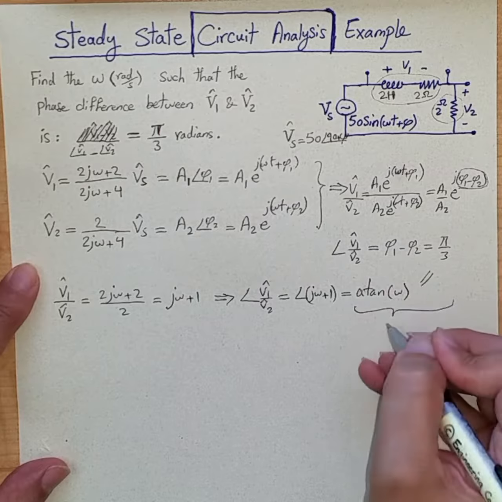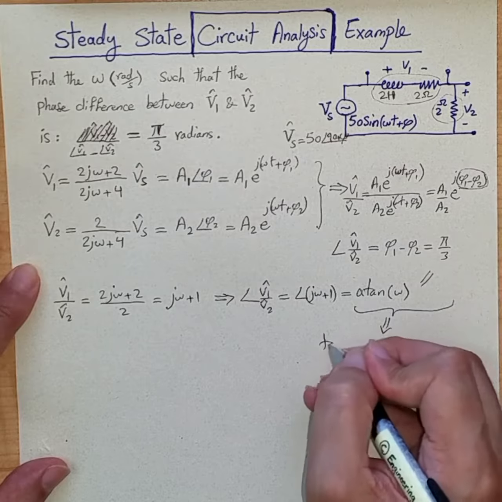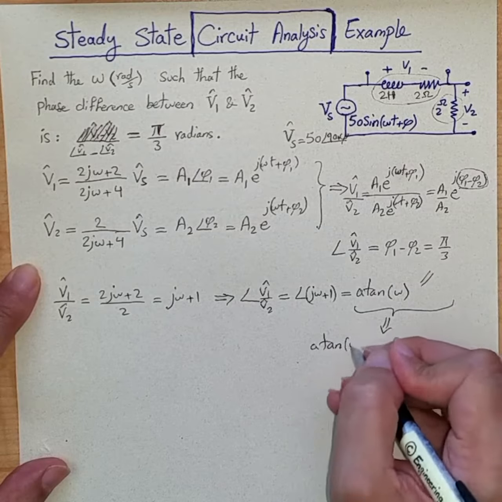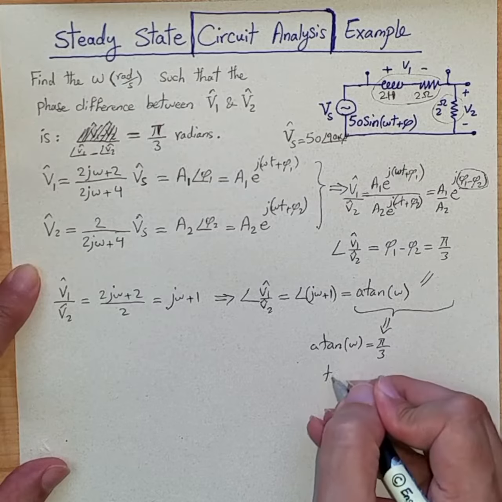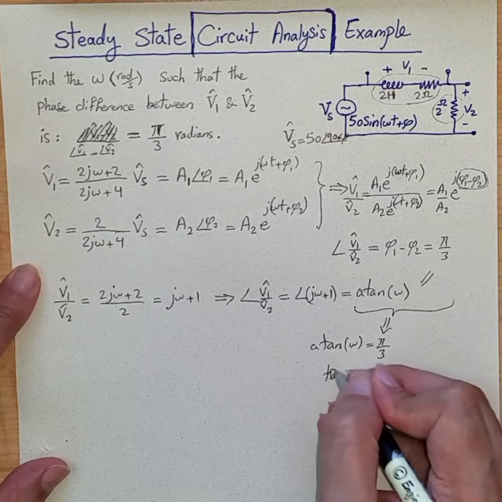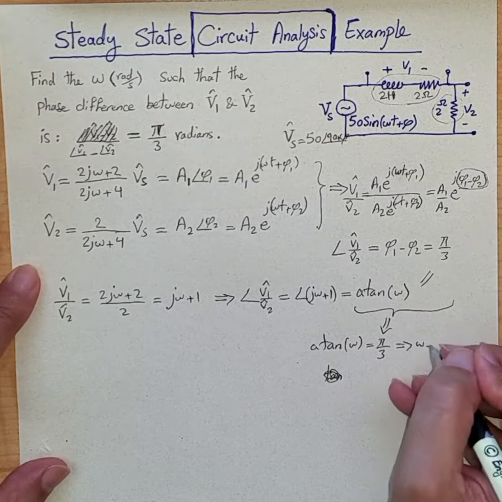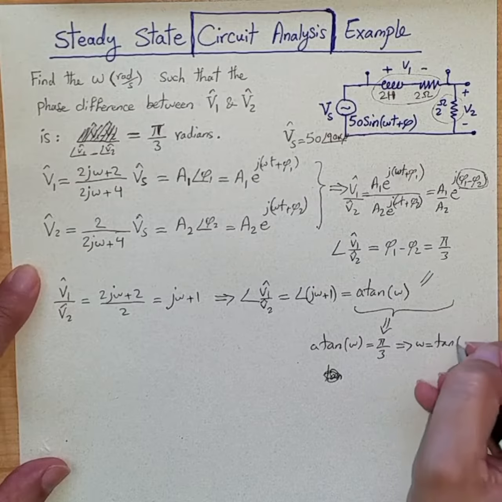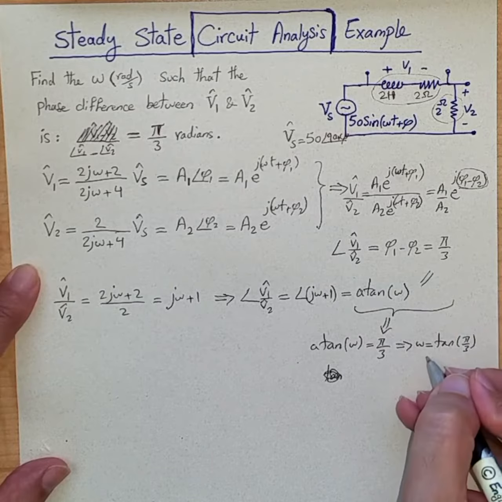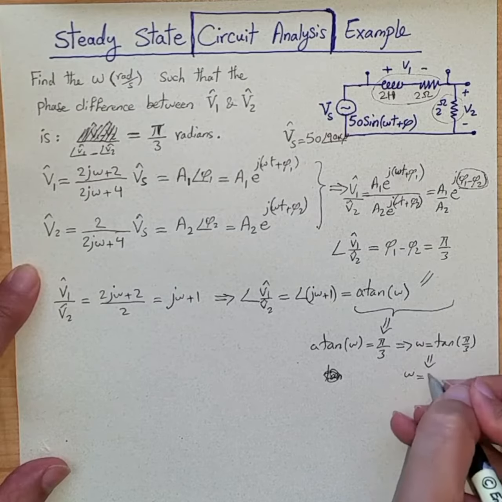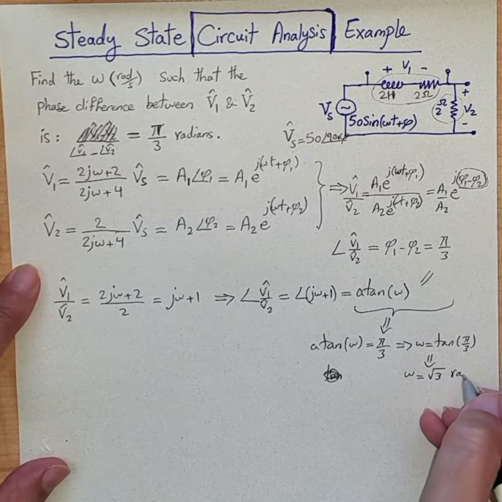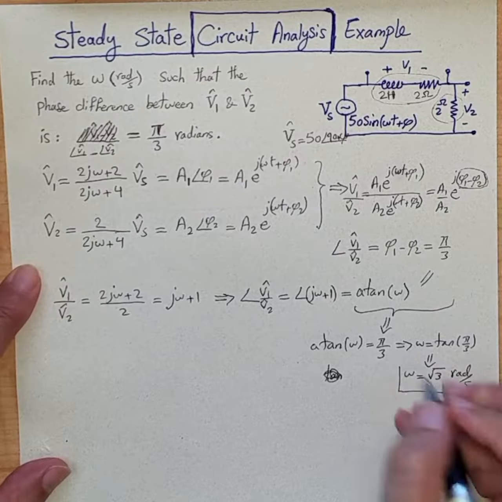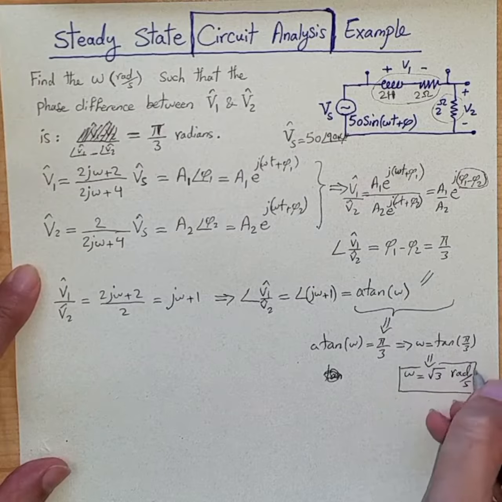In order to satisfy this, that means arctan of omega is equal to pi over 3, so it means omega is just tangent of pi over 3. So it means omega is just square root of 3 radian per second, or about 1.7. That's it.